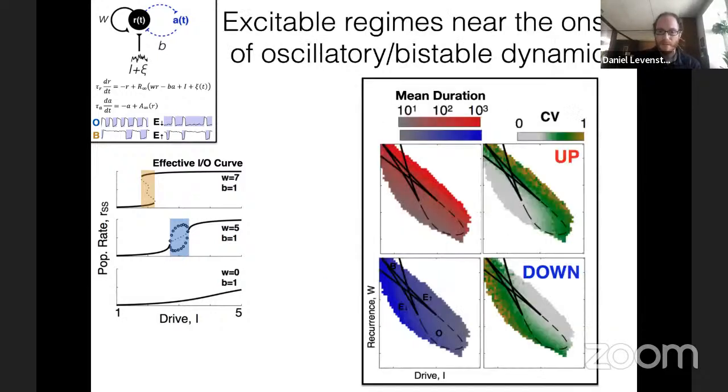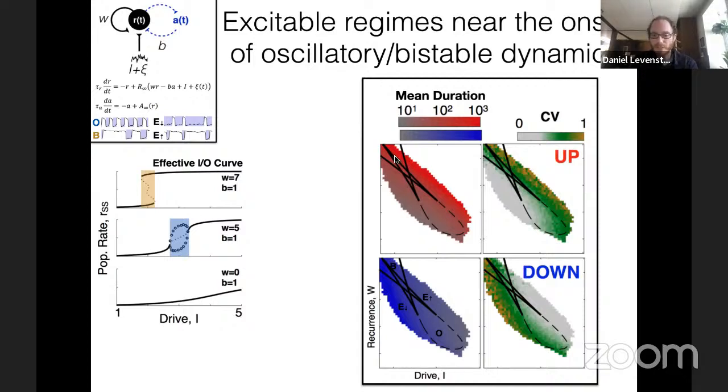And then the final thing is that despite the fact that we only have the excitable regimes in this tiny area of parameter space, when we actually run the simulations, we find that the excitable regimes extend pretty far out into parameter space away from the butterfly.